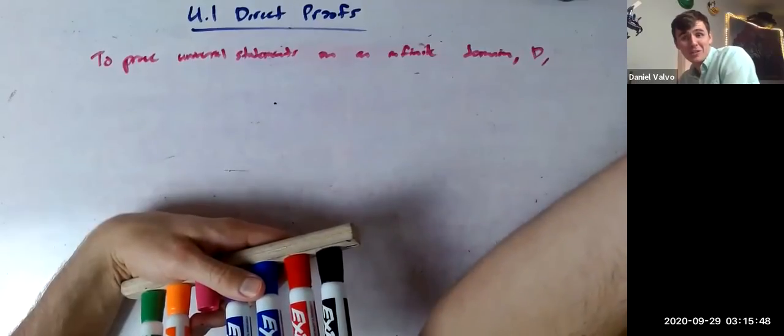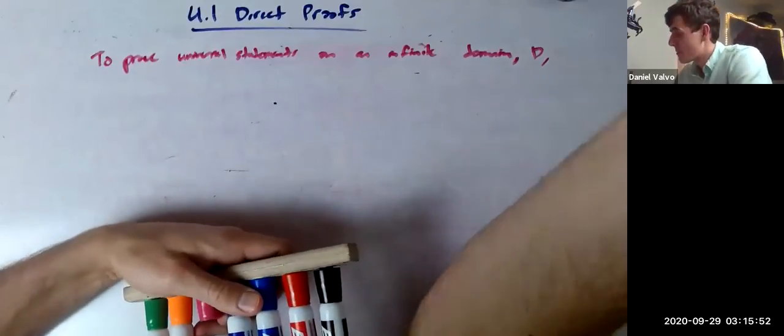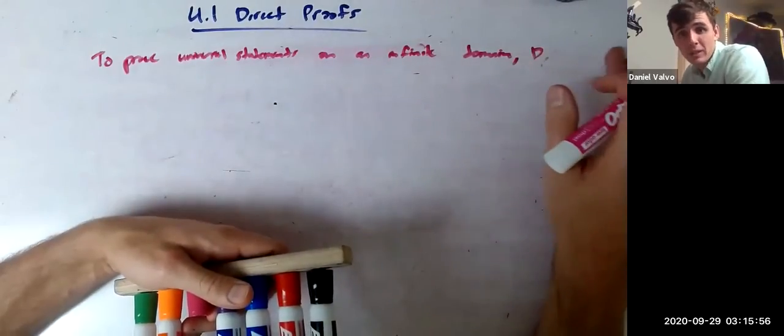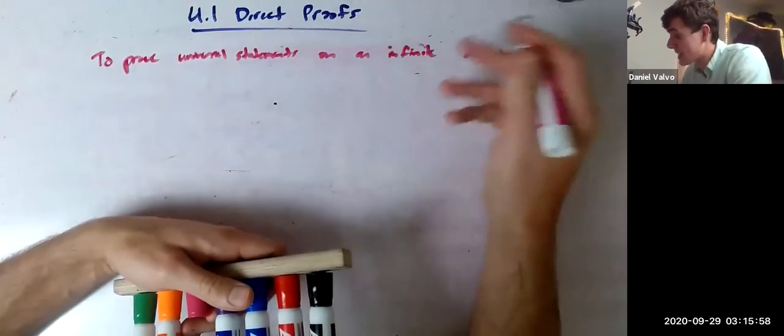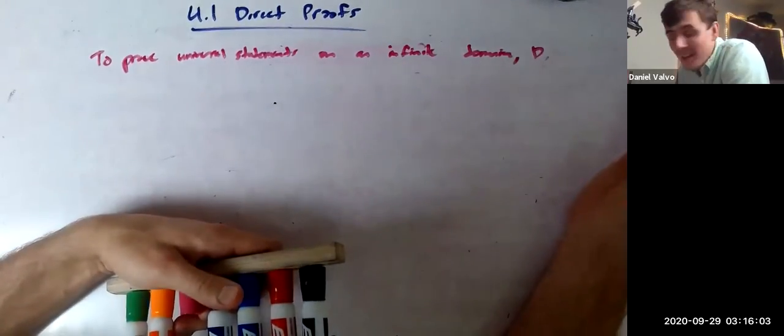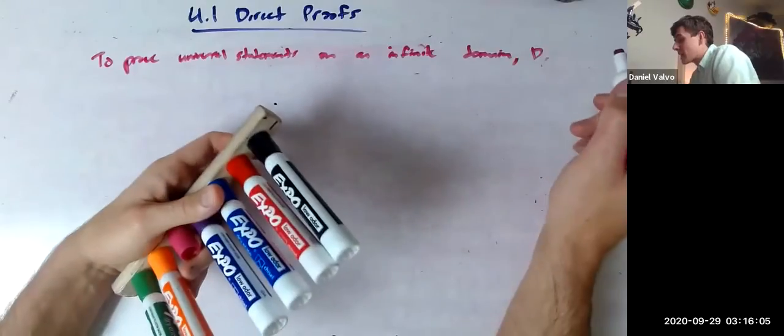With method of exhaustion, right? But that's not going to work here, because method of exhaustion literally goes and checks every single option. But if your domain is infinite, you can't literally go and check every single option. You just don't have the time, right? So we have to get more clever.